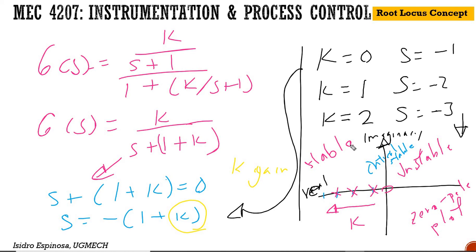So if we observe the trajectory of how the poles appear once we change the value of k, it is giving you a graphical observation of what happened with the stability. So that means the higher the value of k, the more stable is the system.